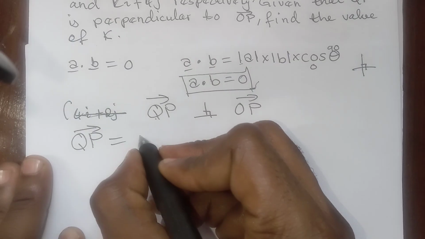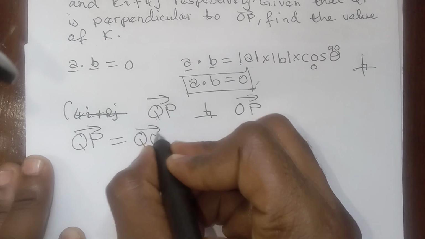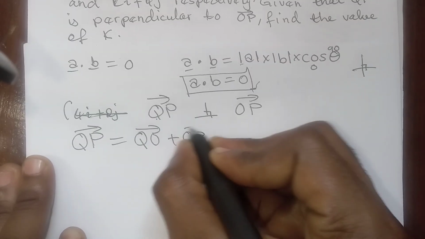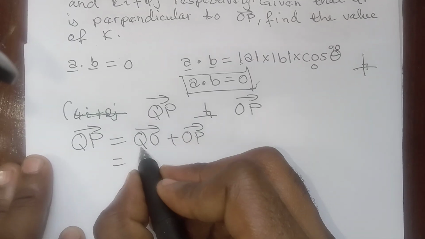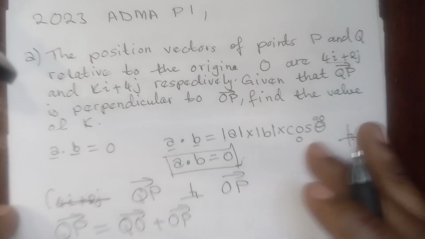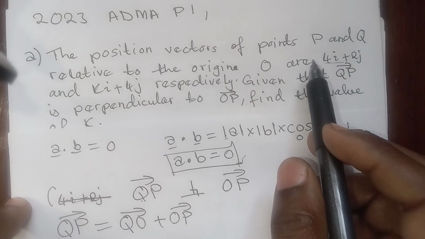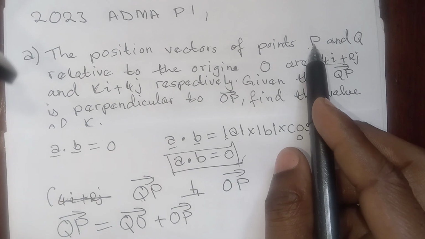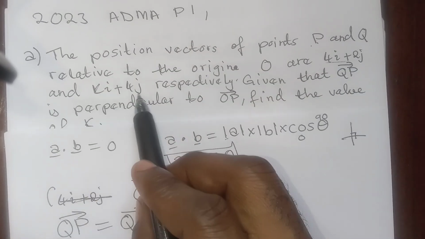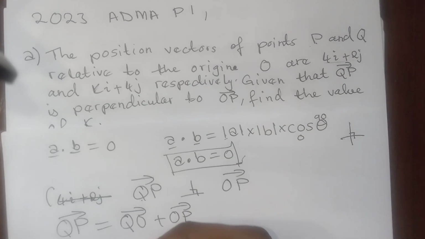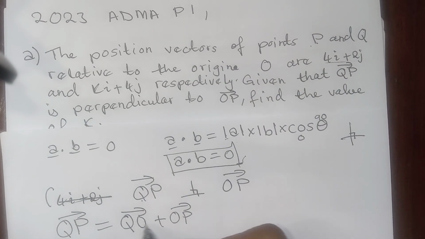Remember, QP is QO plus OP. So our QO, since they started with P, should be this one here, of course with a negative sign since we have changed the direction.